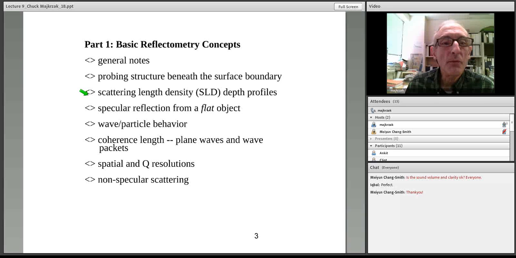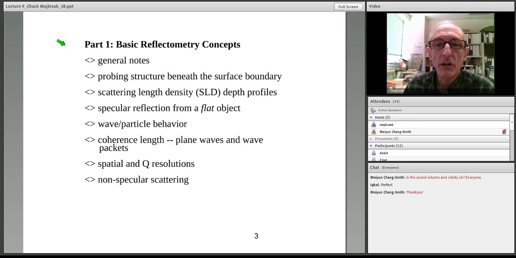So in part 1, we will discuss some of these topics, among others. We'll first discuss some generalities, then something about the scattering length density profile, what specular reflection is, the wave-particle behavior of the neutron, and what consequences it has in our interpretation and analysis of the data we collect about the structure of a condensed matter system.